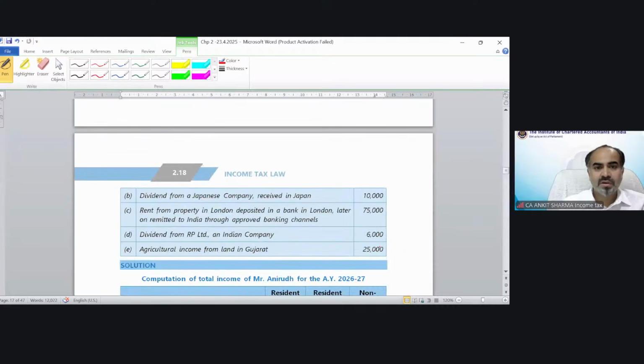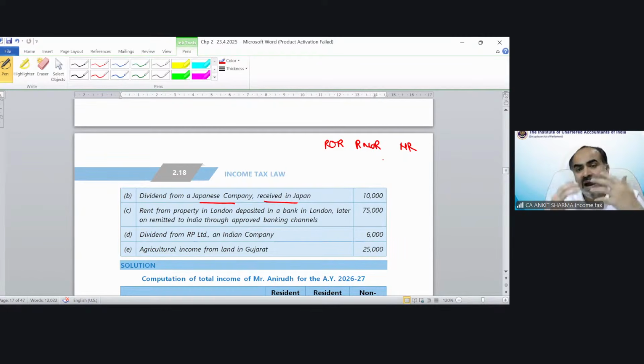Next is dividend from a Japanese company received in Japan. Now, suppose an ROR, then RNOR, then NR. Now tell me, this 10,000 is going to be taxed in whose hand? All three, none of them, only one, only two, etc. So dividend from a Japanese company and received in Japan.